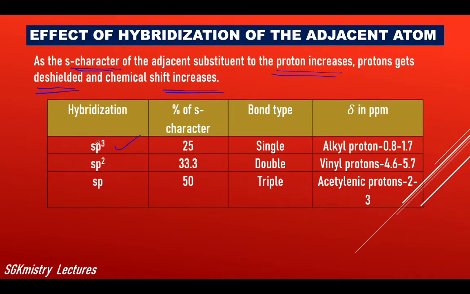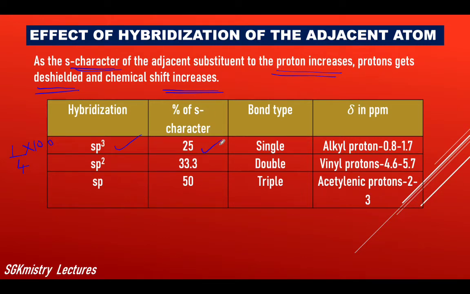How do we calculate it? The total number of orbitals is 4 because of s and p3. Out of 4, one orbital is s. So what is the percentage? That is 1 into 100 divided by 4. So this will give you 25% of S character.